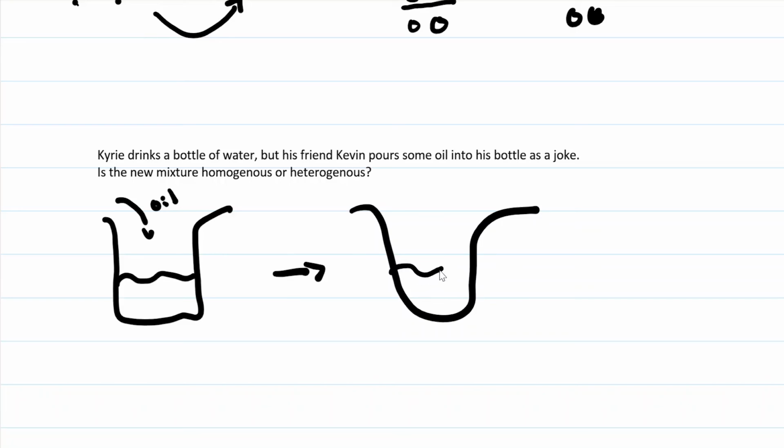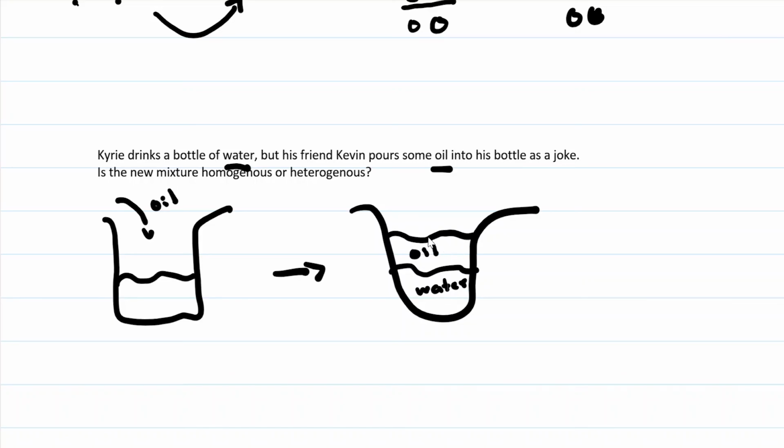And this is what it turns into. And what's really important to know here is that oil and water do not mix. You may be able to see that in everyday life, but they do not mix because they're very different and very distinct in densities. Oil is a lot less dense than water is, so it's going to rise on top of water, right? And you may be wondering, well, they're all in the same phase. Well, not really.